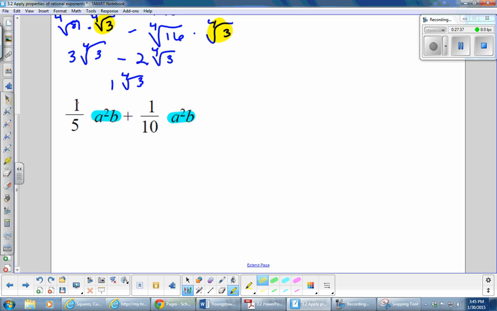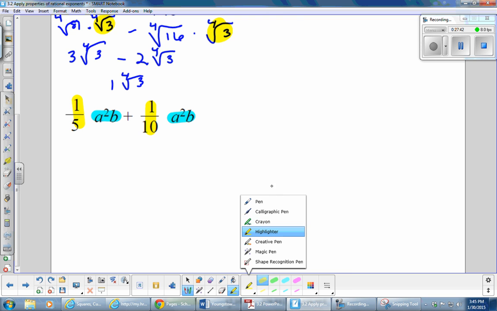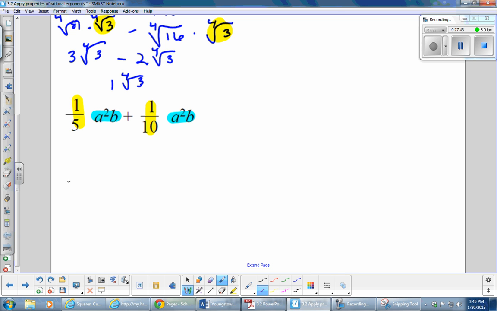Yeah. So a fifth plus a tenth. Now, that's a little tricky. You might not be able to do that in your head. So let's think about it. If I made this one as a tenth, 1/5 is equal to what? 2/10. So I have 2/10, a squared b plus.